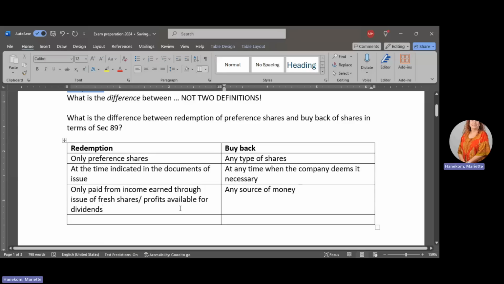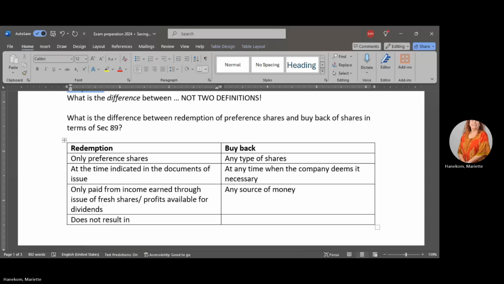And then redemption of preference shares. Because of that provision, that it can only be paid from income earned through the issue of fresh shares or the profits available for dividends, it does not result in a reduction of share capital. Remember, this is the concept of capital maintenance.